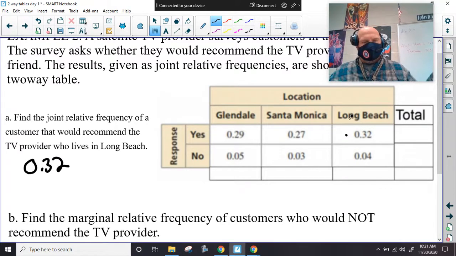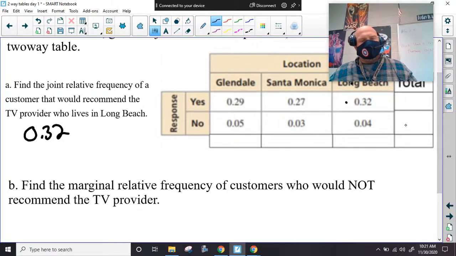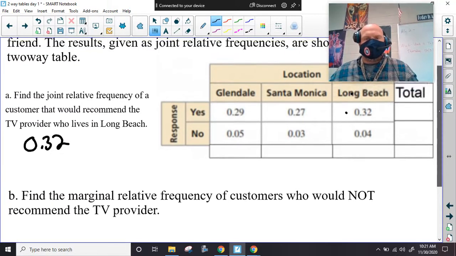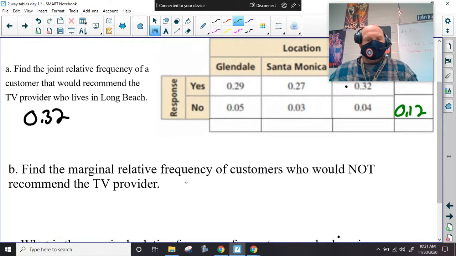All I had to do is look at where they said they were and where they do this. So it's this little box right here. Marginal relative frequency, who would not? Well, we don't have our marginal because we didn't fill this out. So this is 8. So this is 0.12. All I did was add up across here. That's where this comes from.